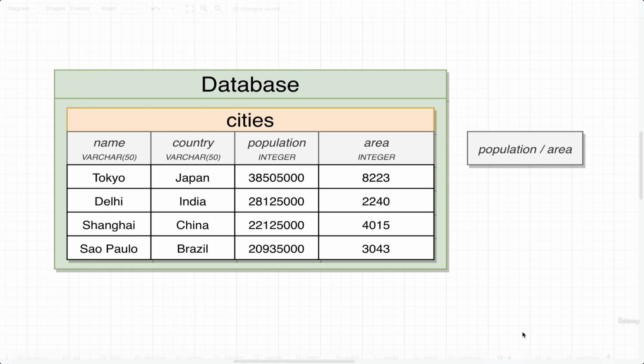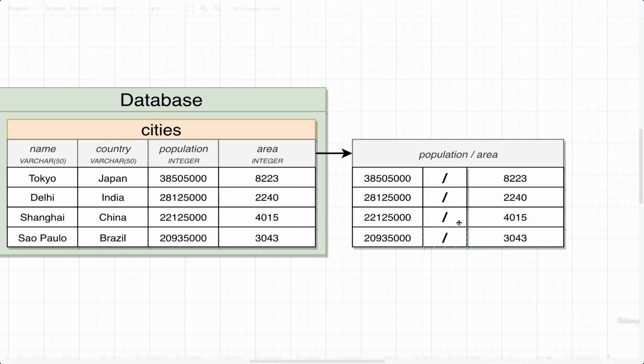So we would want to calculate that value for each individual row. To do so, we would eventually end up with something that looks like this right here. We would take Tokyo's 38 million and divide it by 8223. We would take Delhi's 28 million and divide it by 2240, and so on. This is a calculation that we would want to repeat for every single row inside of our table.